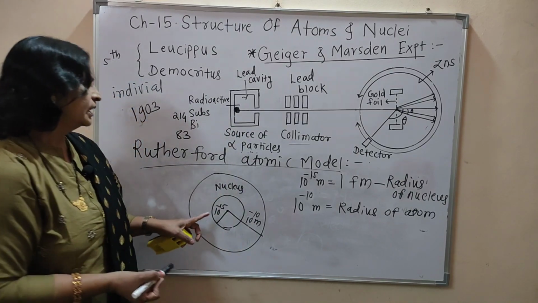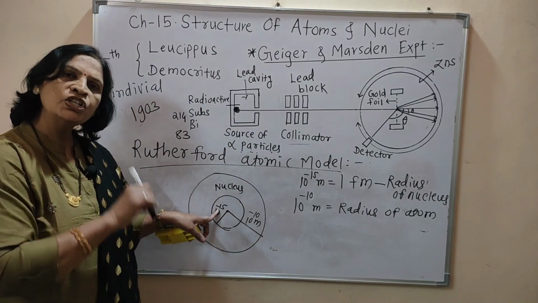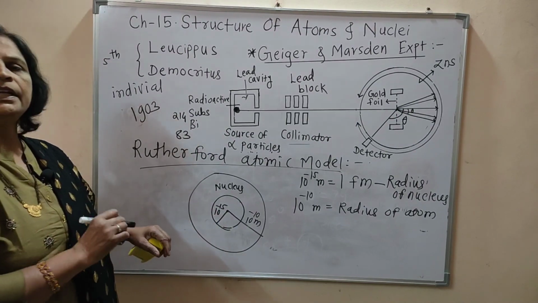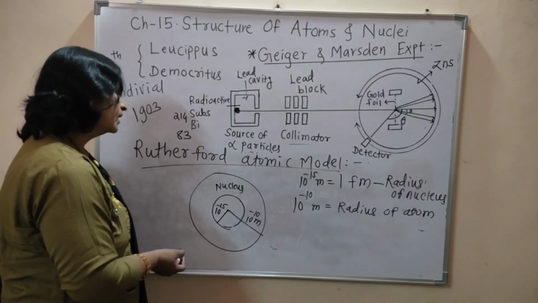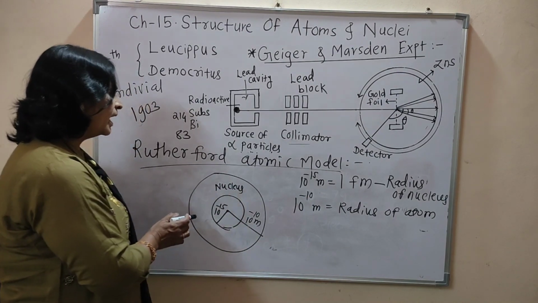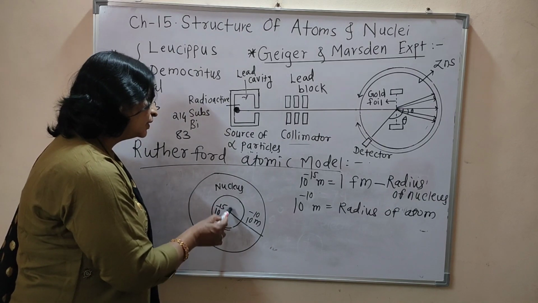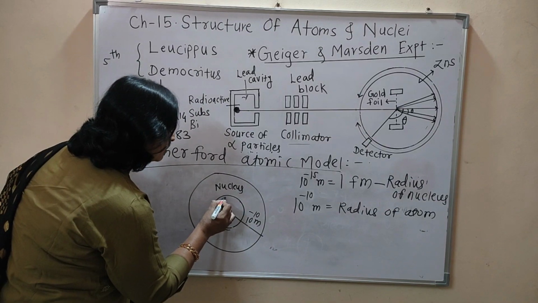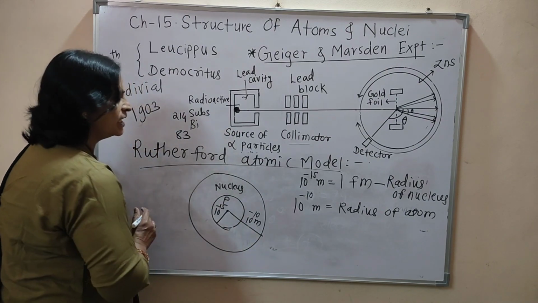Now the nucleus is the positively charged central core, and most of the mass, 99.9% of the mass, is concentrated at the nucleus. The nucleus is a very small part, and all the positive charge, that is nothing but the protons, is concentrated here.